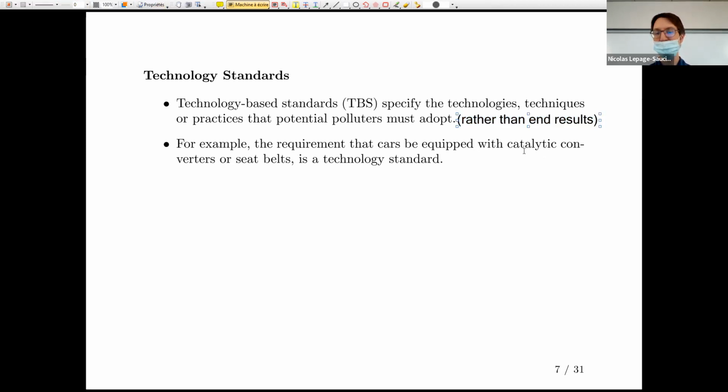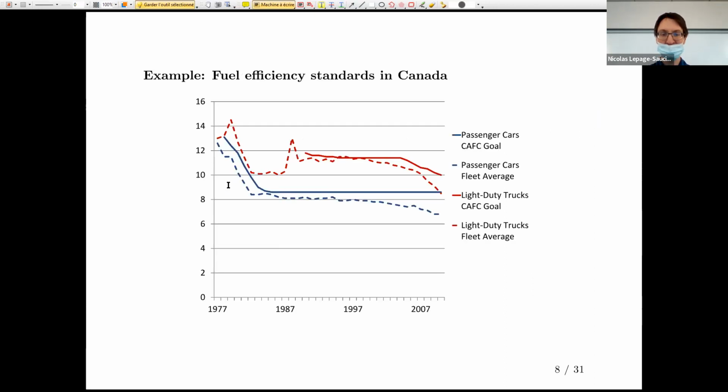So one example is a requirement that cars be equipped with catalytic converters or seat belts. Cars used to be much less safe and much less good for the environment back then. So now cars are much better.